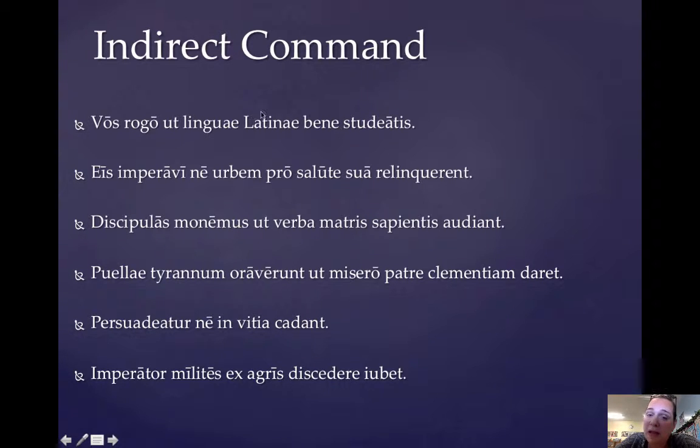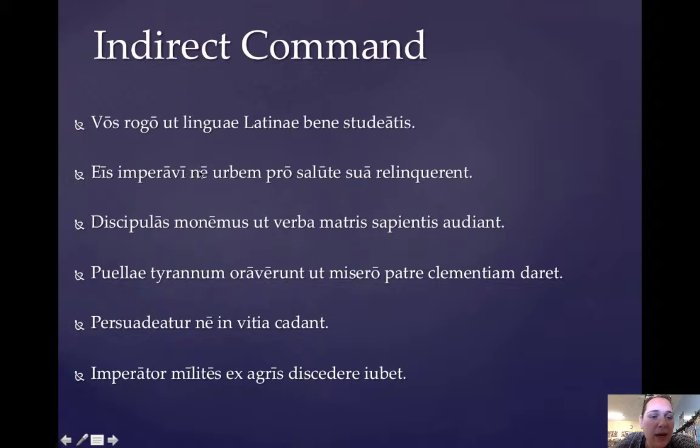There you go. So you could translate this, I ask y'all that y'all study the Latin language well, or I ask you to study the Latin language well. Again, there's no infinitive in here. We have an indirect command with ut plus the present subjunctive, but we can translate it like an infinitive in English for it to sound as good as possible, okay?